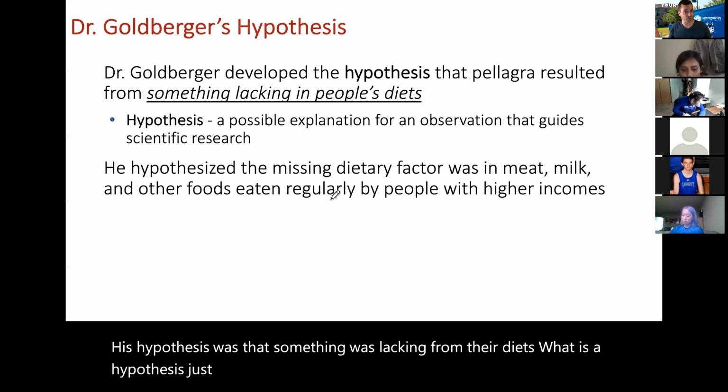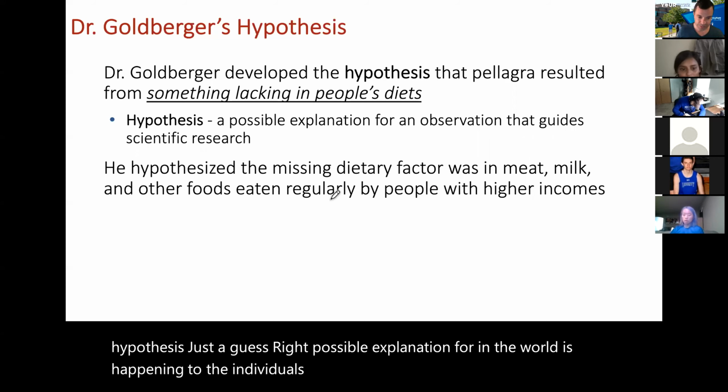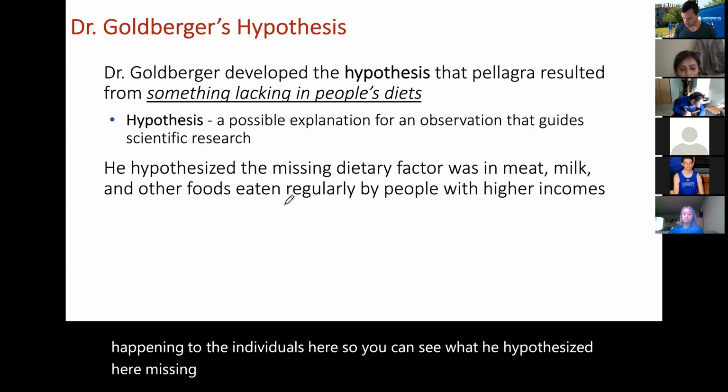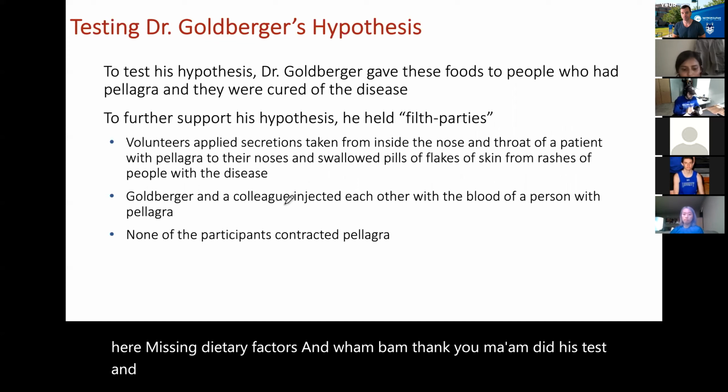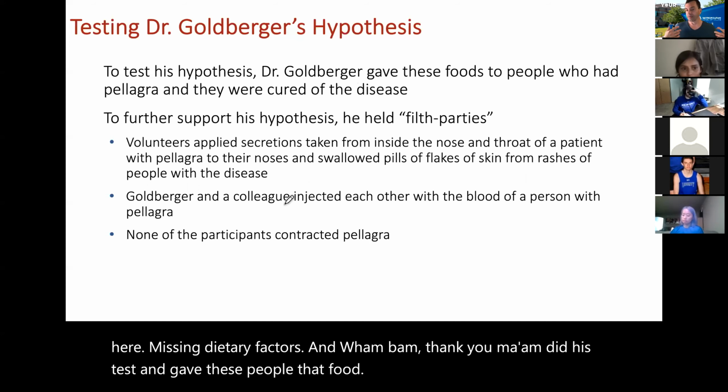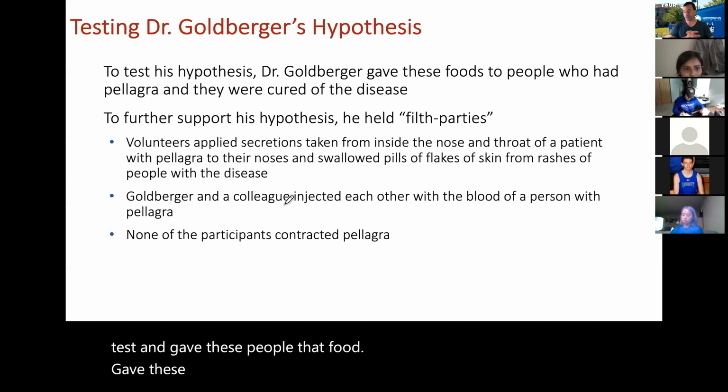A possible explanation for what in the world is happening to the individuals here. So you can see what he hypothesized here: missing dietary factors, and wham, bam, thank you, ma'am, did his test and gave these people that food. Gave these people these different foods, and wham, all of their symptoms went away.